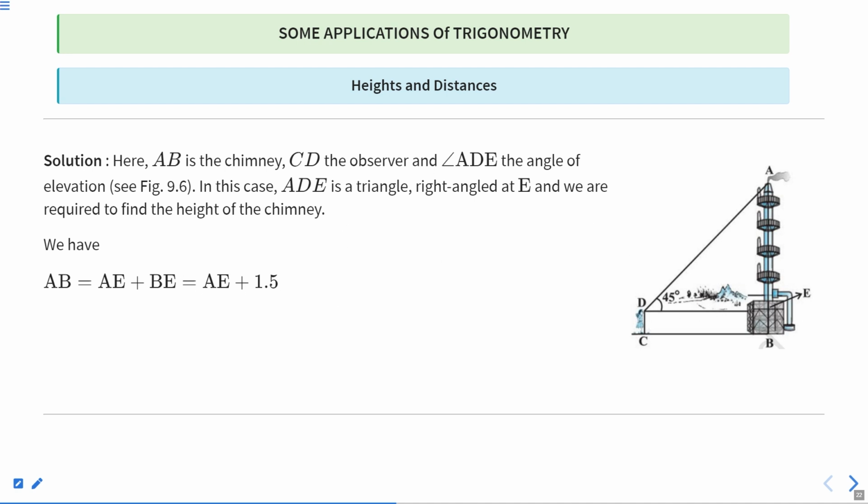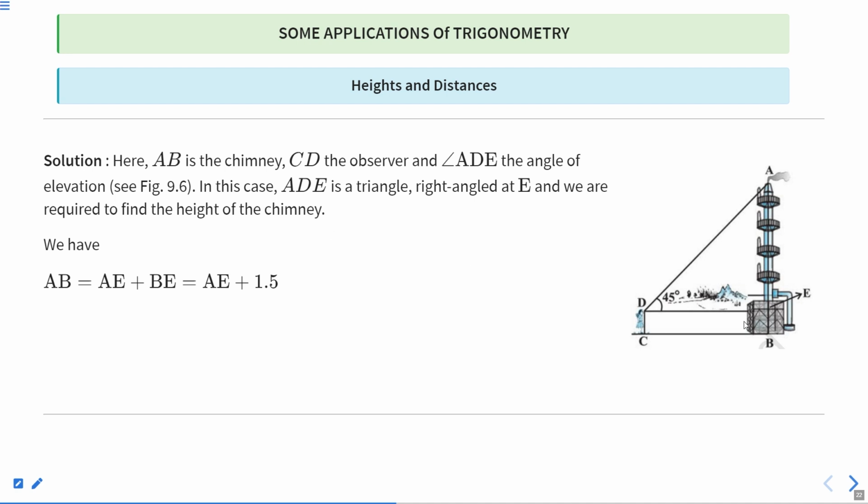The height of her is equal to 1.5 meter. Here AB is the chimney, so the height of the chimney is AB, and CD is the observer. And angle ADE is the angle of elevation.